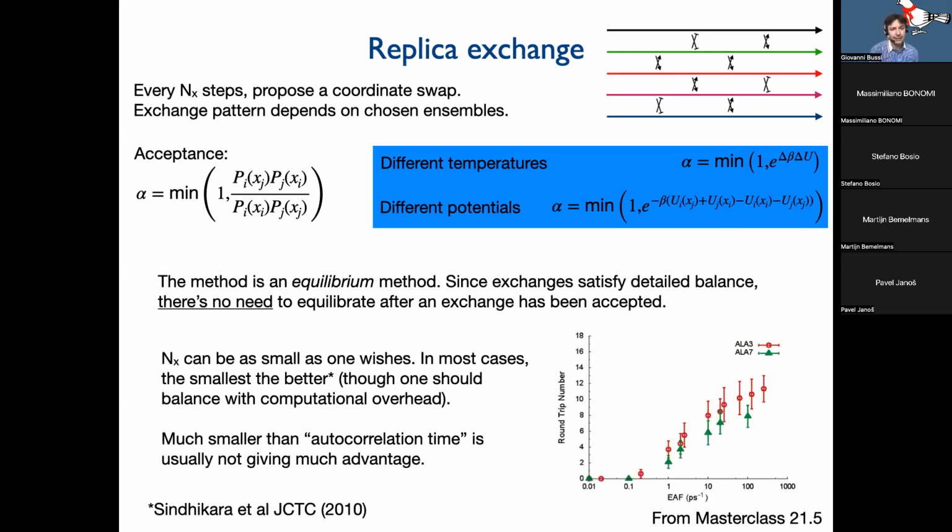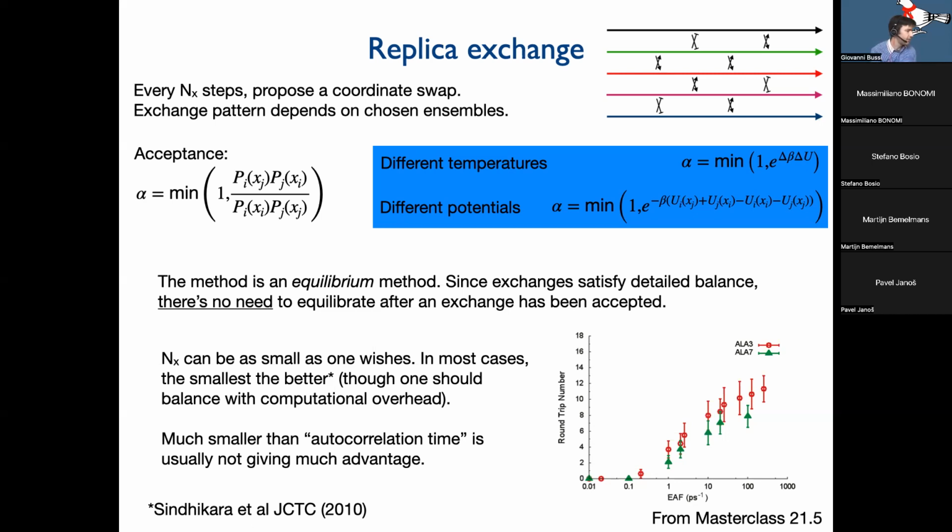One important thing to remember is that this is an equilibrium method. I guess many of you are familiar with metadynamics. That's, for instance, a non-equilibrium method in the sense that you have to adjust your potential on the fly, so you should make sure that you adjust it slowly enough not to drive the system too far from equilibrium. Here, things are different: exchanges are done at equilibrium.